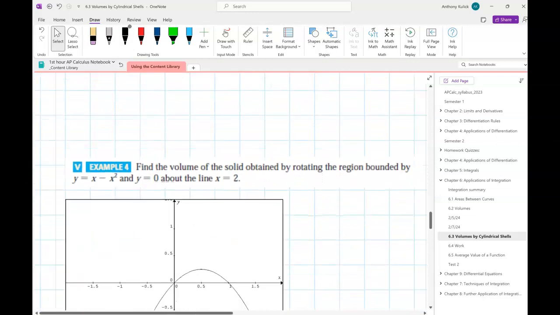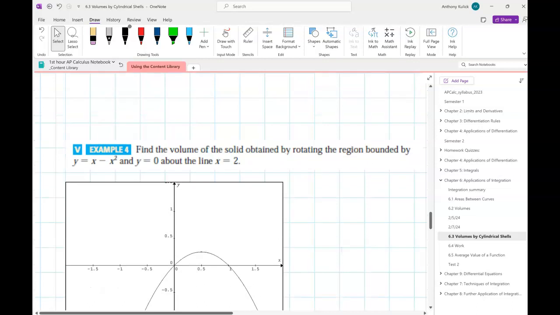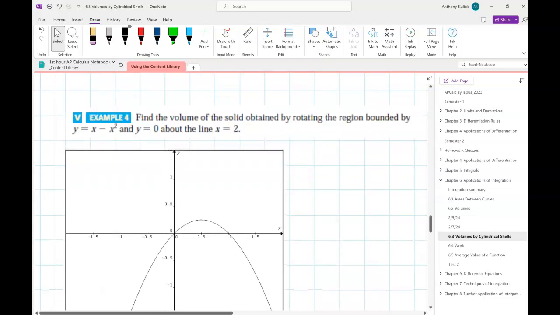All right, let's try doing one more. It says find the volume of the solid obtained by rotating the region bounded by y equals x minus x squared, y equals 0, about the line x equals 2.